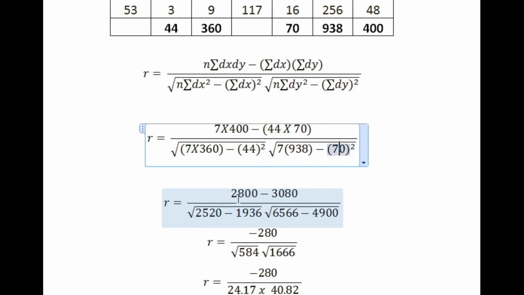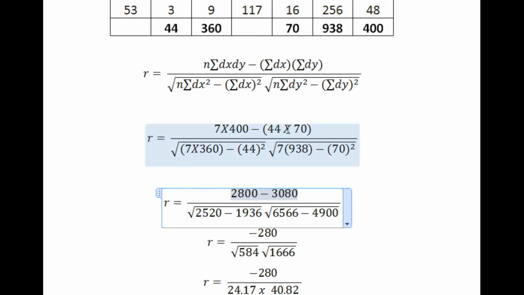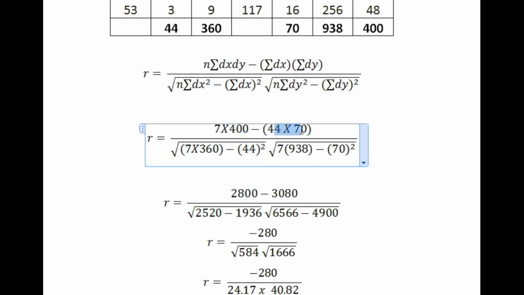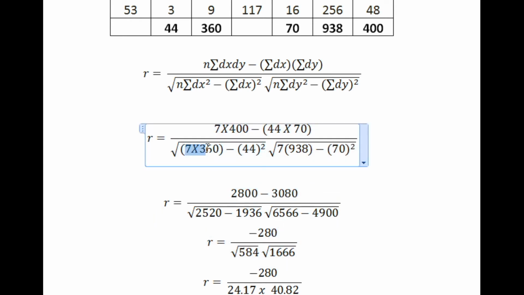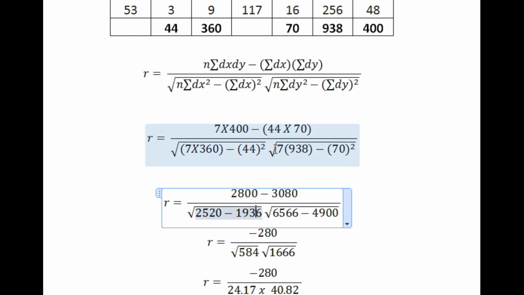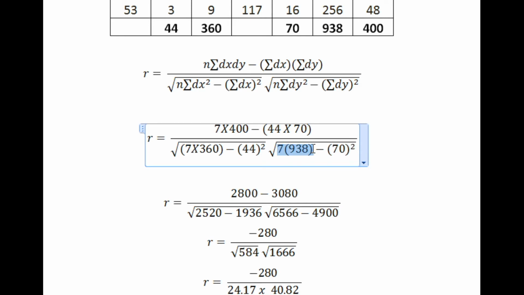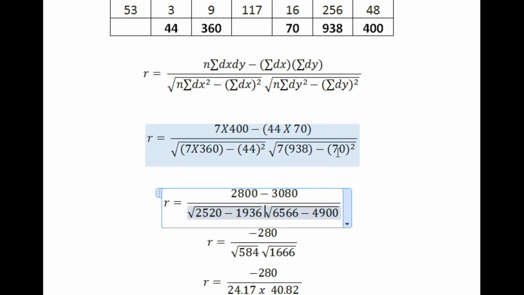7 into 400 is 2800. 44 into 70 is 3080. Then 70 into 360, you will get 2520. 44 square is 1936. Then 7 into 938. 70 square is 4900.